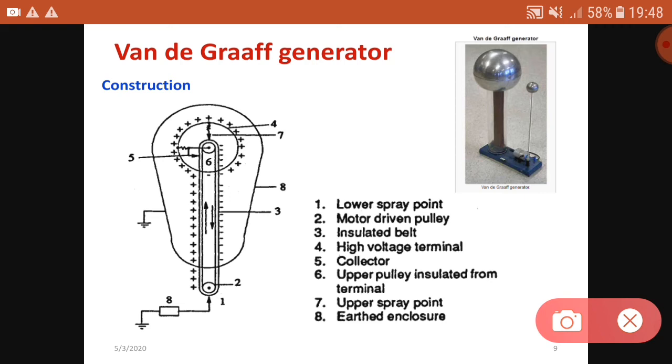Number 5 is the collector. So charge is collected from the collector at the upper spray point and it is spread in the hollow sphere. This way the charge is spread in the hollow sphere and very high voltage is generated.